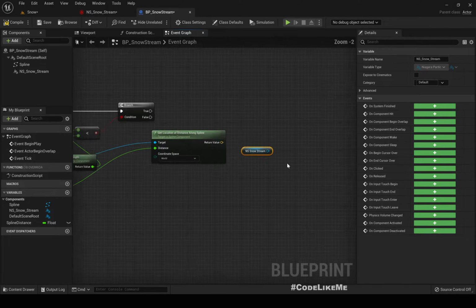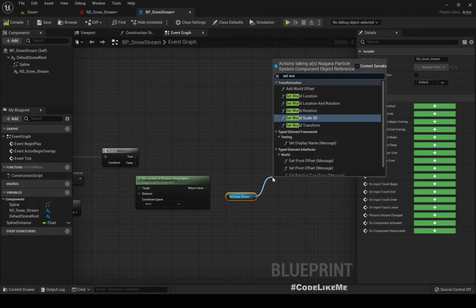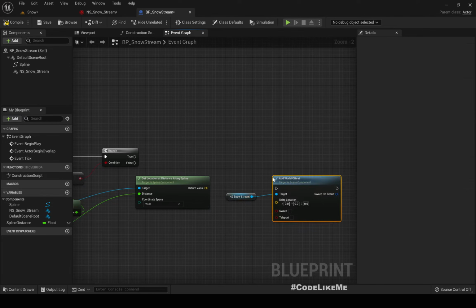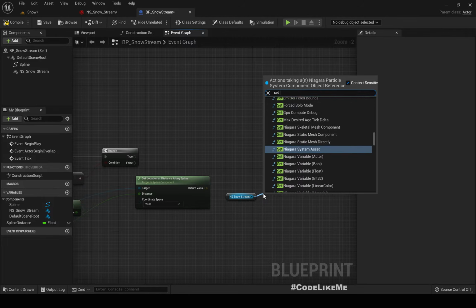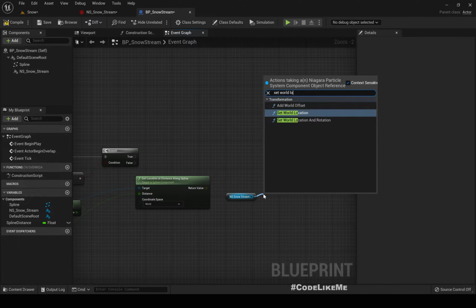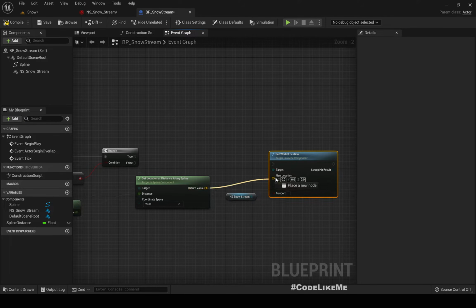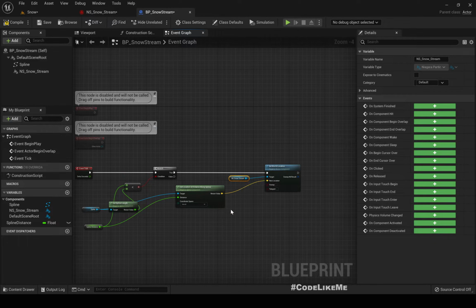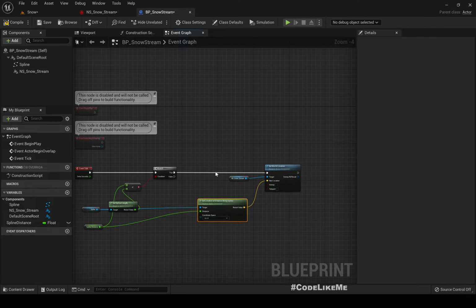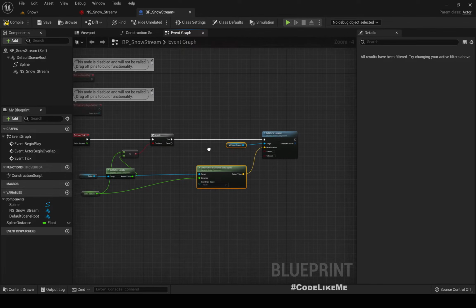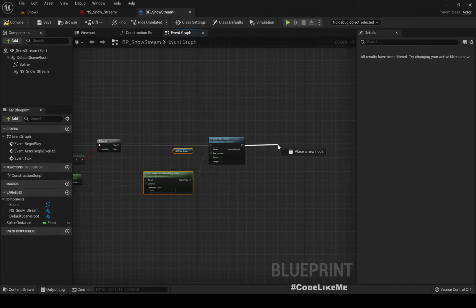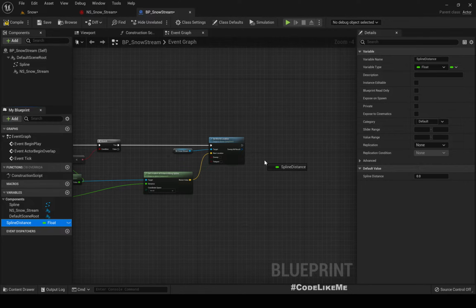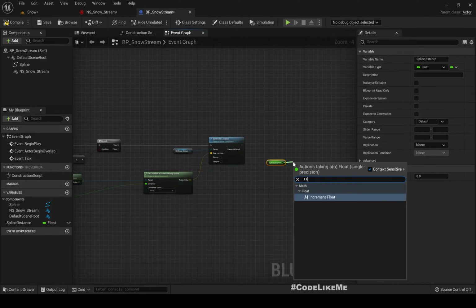We can set world position, set world position location with this value, and here we can increment the spline distance. Can we increment a float value? Yeah.